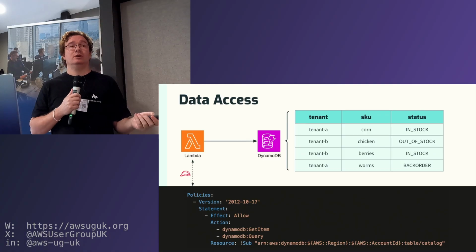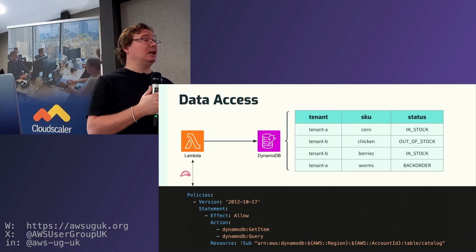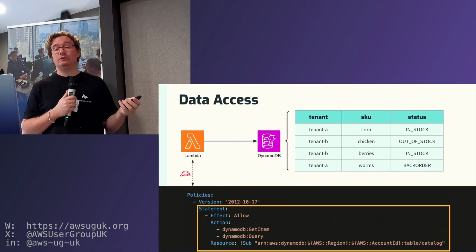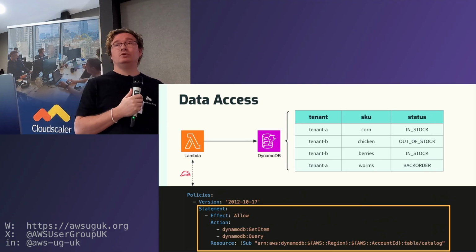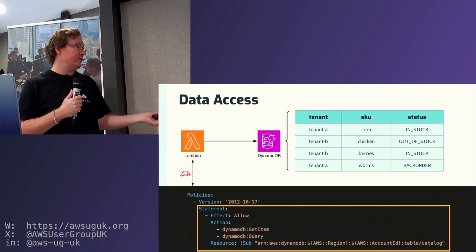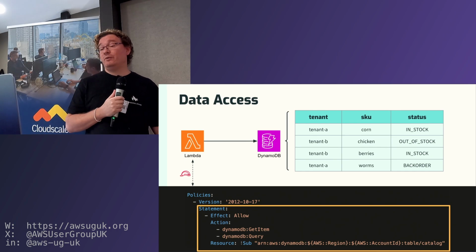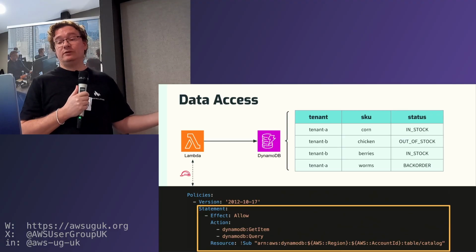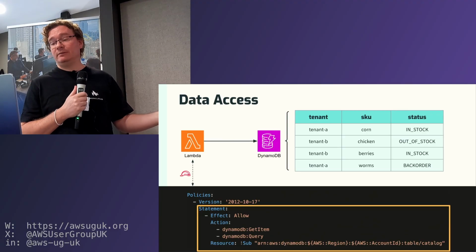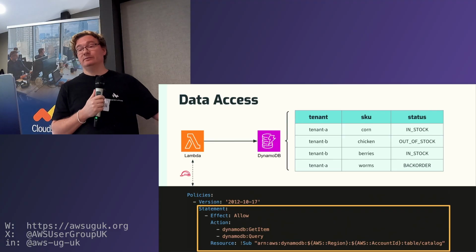You probably know that Lambda comes with zero permissions, and then we need to create policies to allow that Lambda, that resource, to access something. So here we're creating one where we allow this Lambda to do a get or a query, a read-only operation, on that specific table, the catalog table.